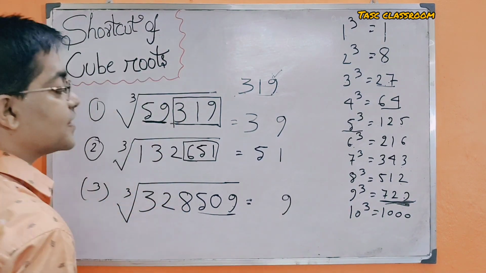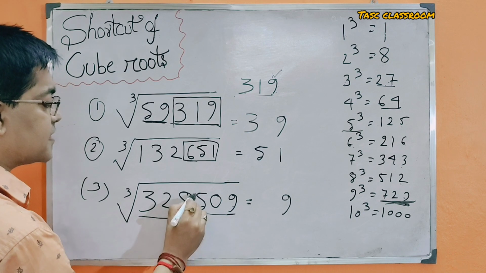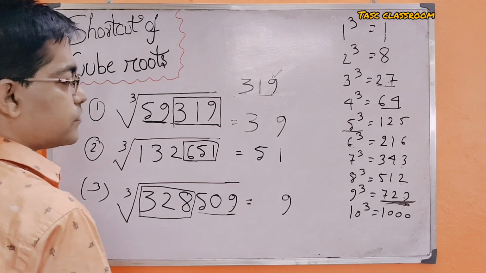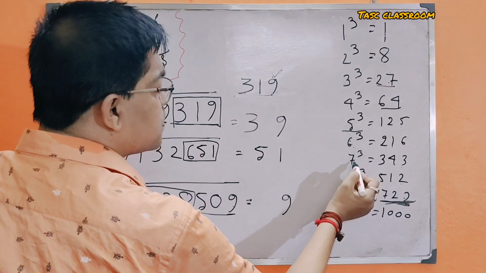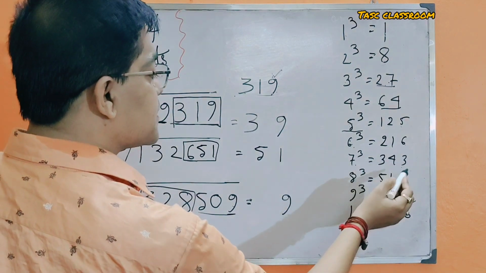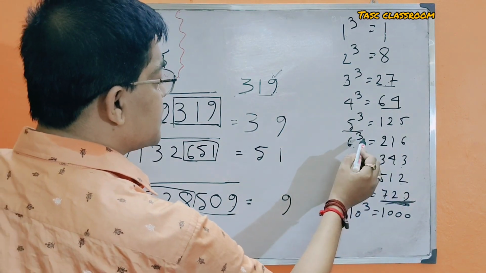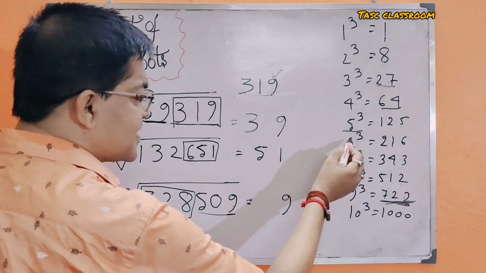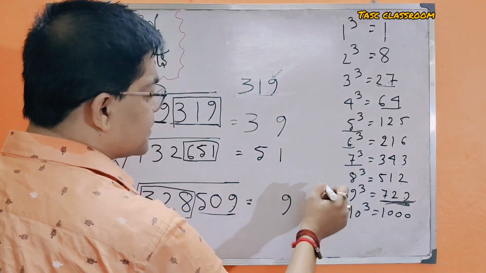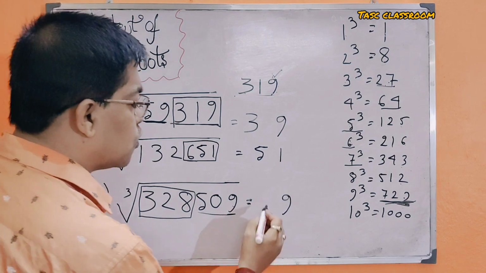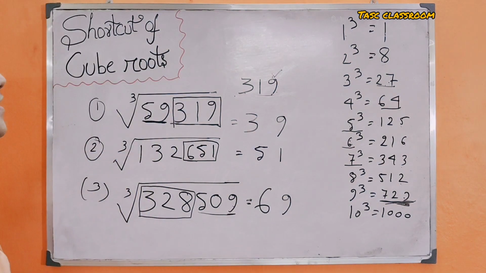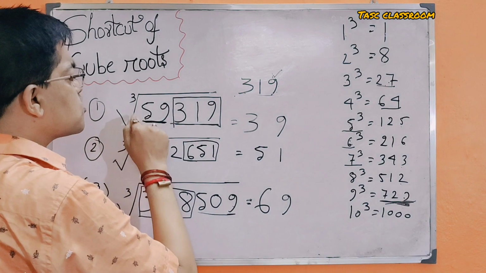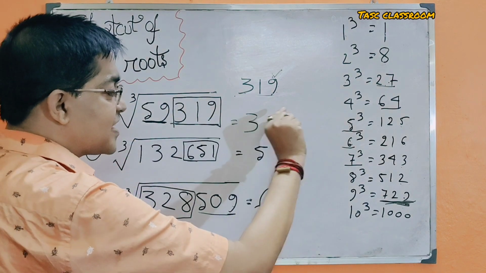So we write 9. The remaining numbers, 328, lie between 6 cube and 7 cube. Which is least? 6 cube is least. So we write 69. So friends, we can calculate the cube root of any larger number in 3 seconds.